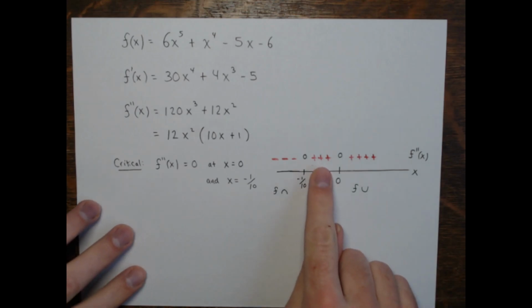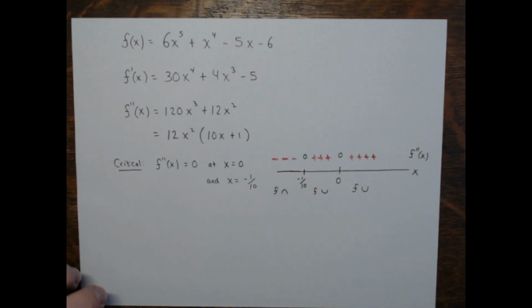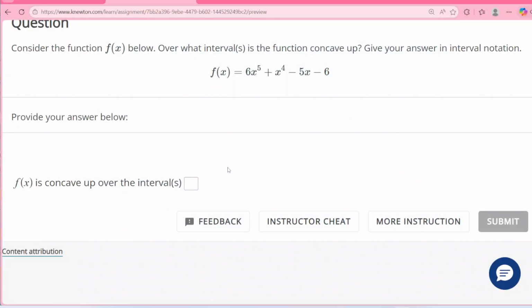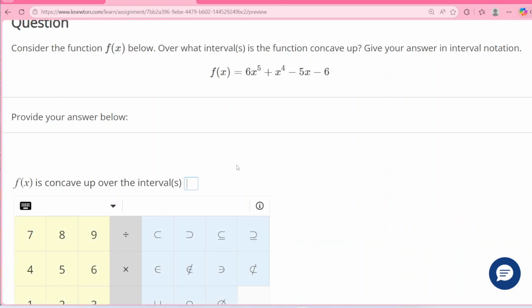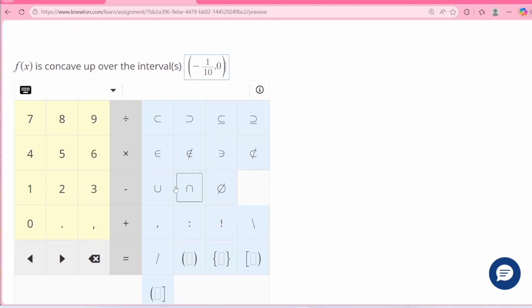So I'm going to put these two intervals, right? So f is concave up from negative 1/10 to 0. So again, interval concave up where the second derivative is positive. That's from negative 1/10 up to 0, and then it's not positive there, right? So now it says give your answer in interval notation. Didn't say anything about commas, so I'm going to do the union symbol now.